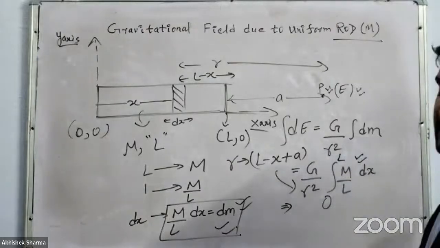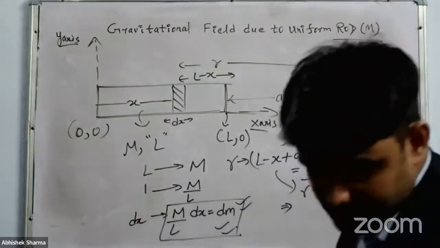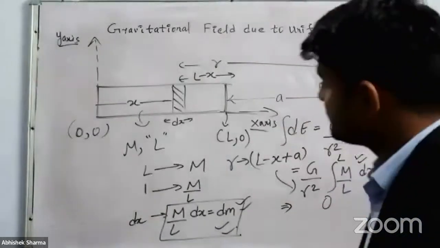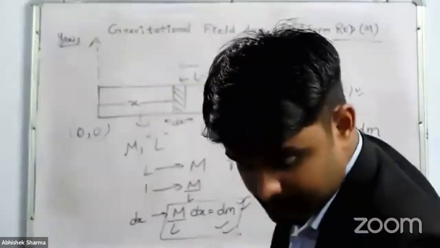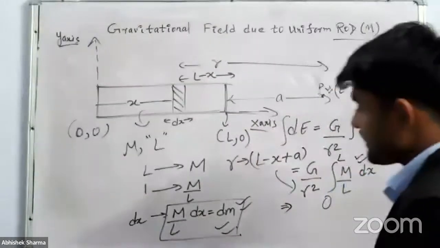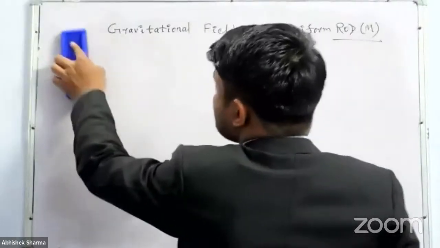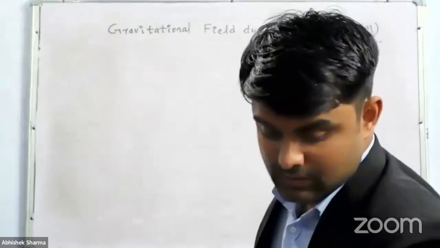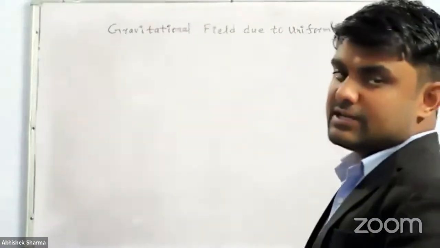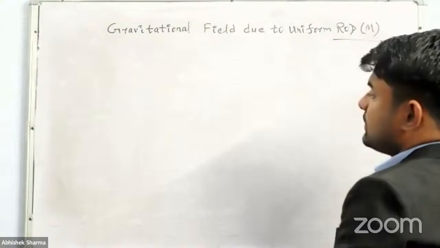So now we'll see the integration part. After solving it, doing the integration, we'll get the answer as the gravitational field intensity.